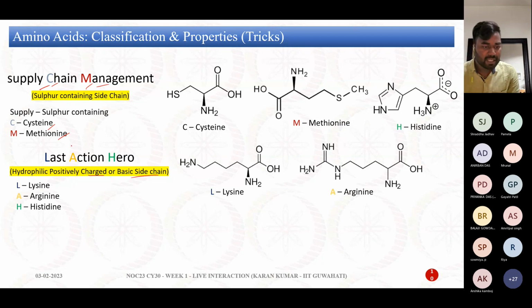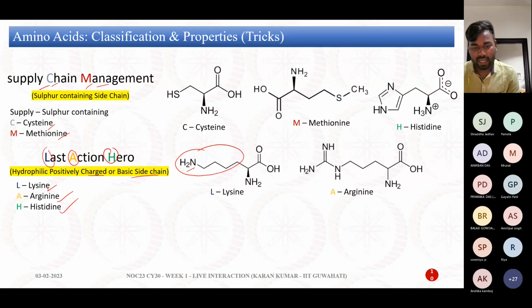That you can remember by the phrase "Last Action Hero", the movie that you have watched. In Last Action Hero, L represents lysine, A represents arginine, H represents histidine. You can follow the side chains here. The side chain for lysine is this one.